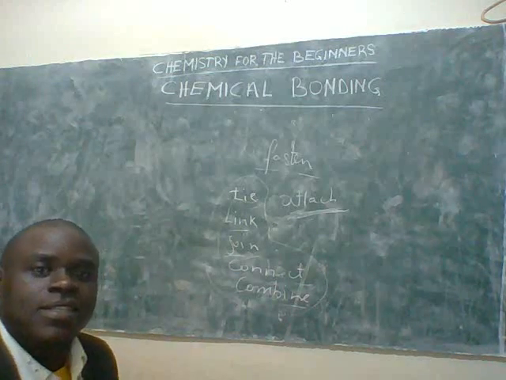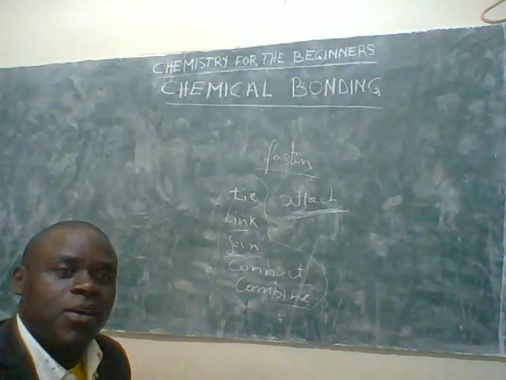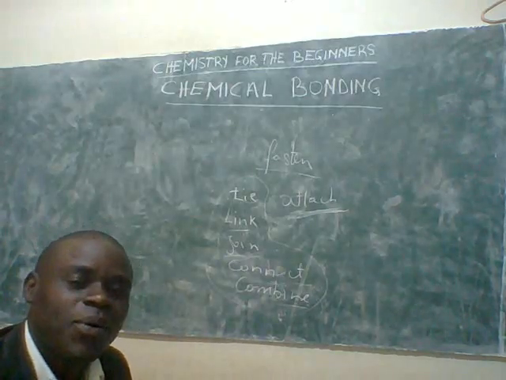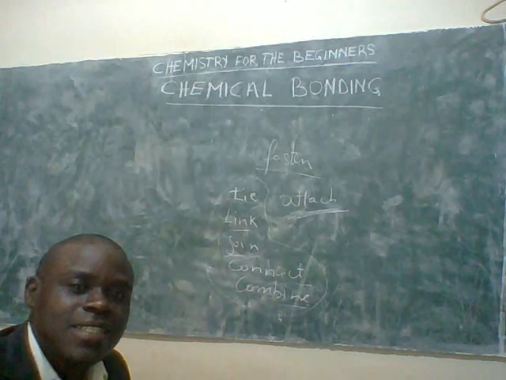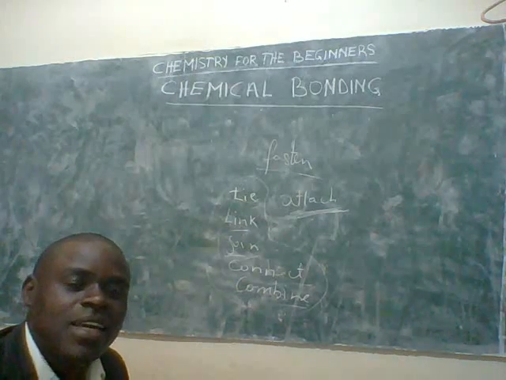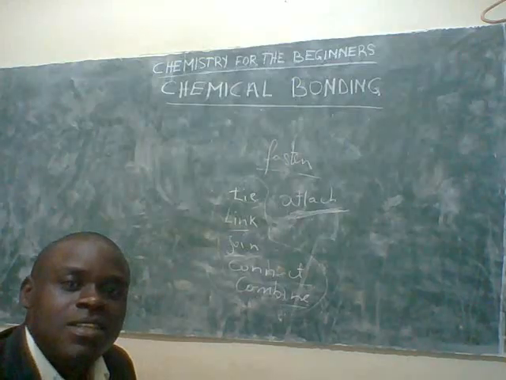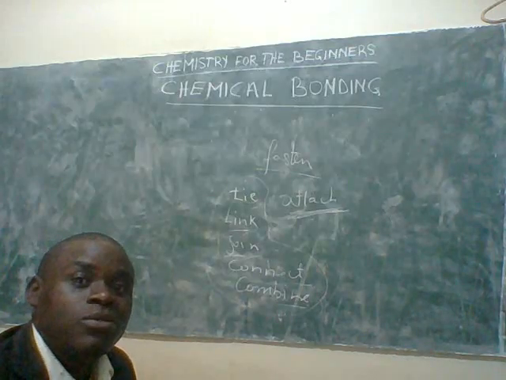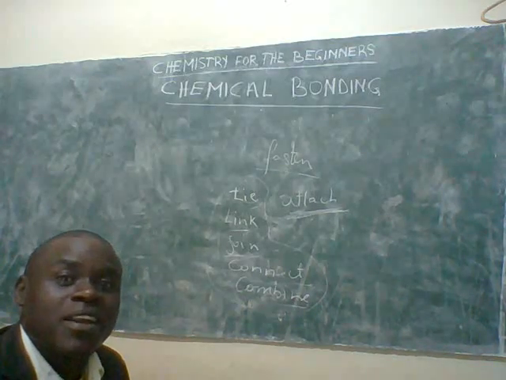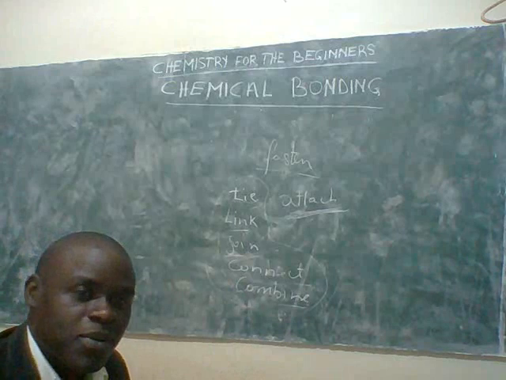What type? Are they tied? But I'm using it as an example. Are they tied, fastened, attached, connected, combined? So we are going to see different names of chemical bonding, but when you are realizing how to differentiate them, you can use this example.